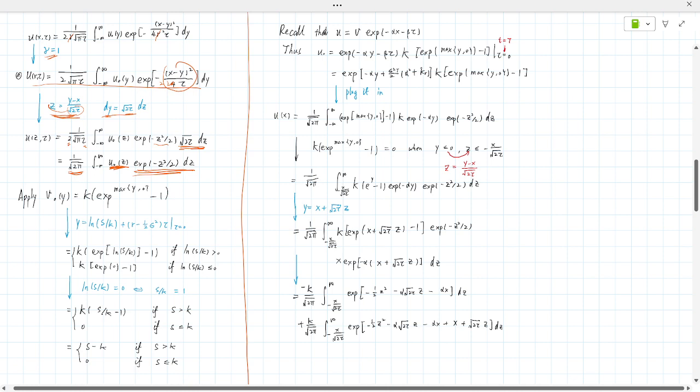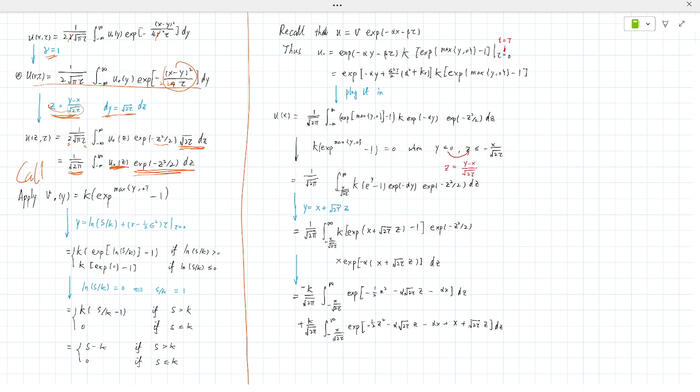So let's look at the call option first. I don't know if I can recite the definition, but at the terminal time, the payout is S minus K, positive part.